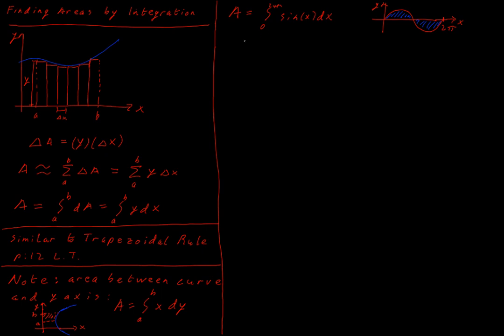If we get the integral of this, the area would be equal to minus cos of x from 0 to 2 pi. That would be equal to minus cos of 2 pi minus minus cos of 0.